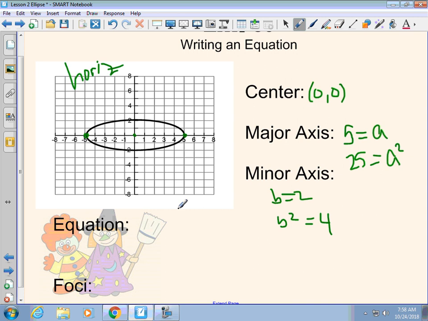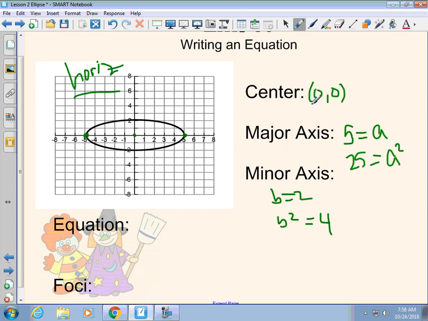It's x minus h squared over a squared plus y minus k squared over b squared equals 1. Now I gave you that one again because this is the horizontal. And if you have a vertical, right, it would be the a under the y.